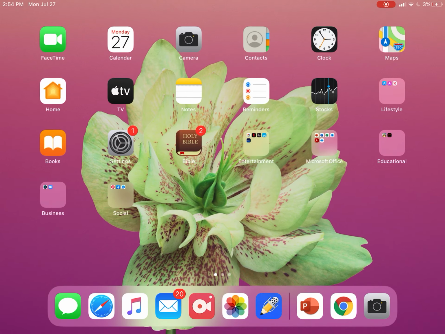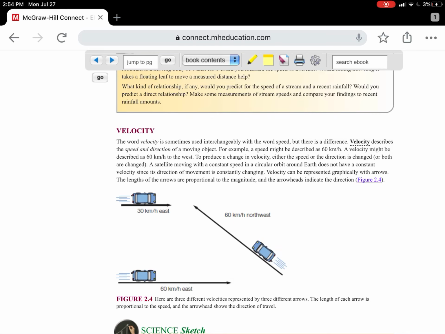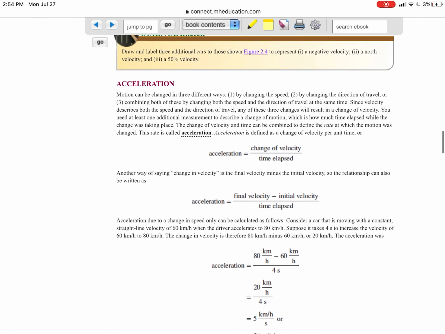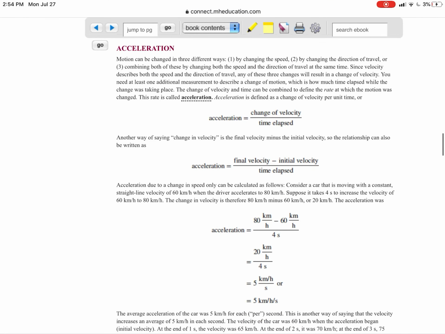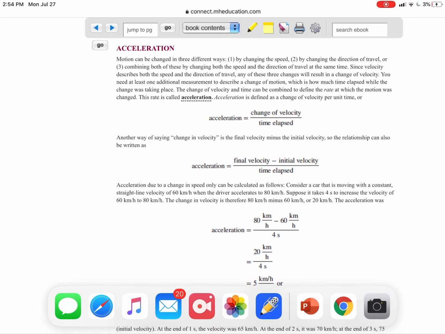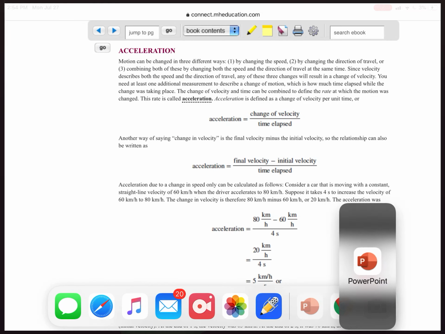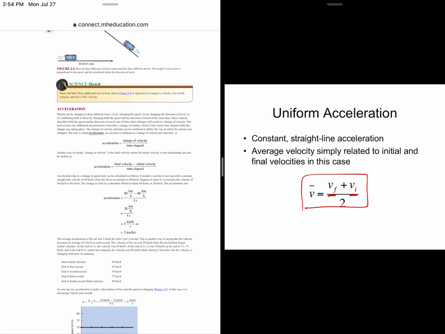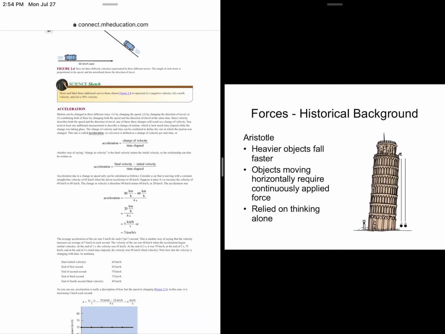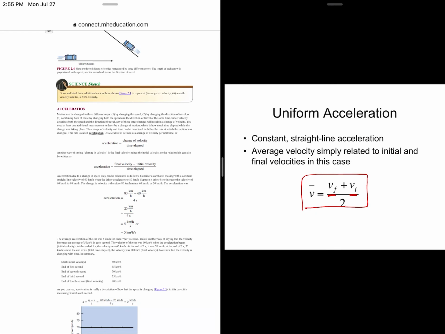Okay, so I have to go to our book here. So we've already talked about velocity. And here, this is what I would like you to write in your PowerPoint. I can't write on the book here, so I'm going to bring up the PowerPoint too, just so I have my PowerPoint right next to it, and you can sort of write what I'm writing.